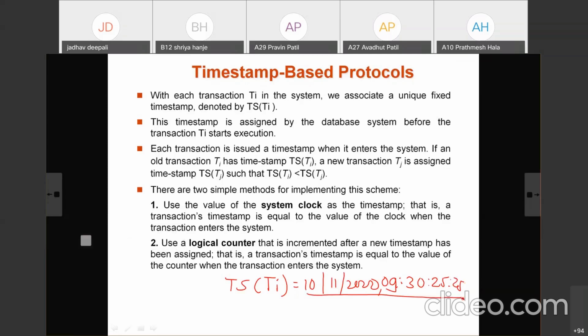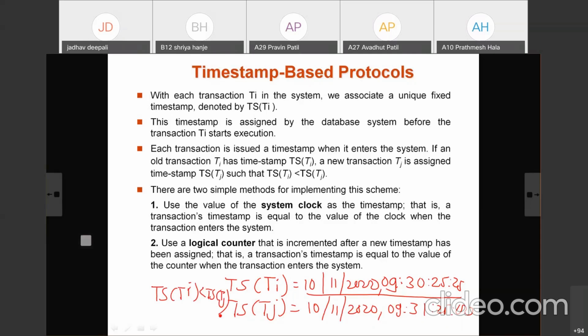Suppose transaction TI enters the system on 10/11/2020 at 9:39 and some 25 seconds. That value, the system clock with the date, is assigned as TS(TI).